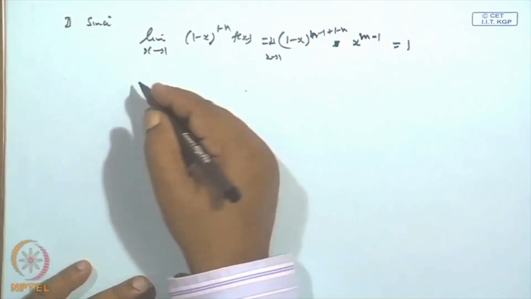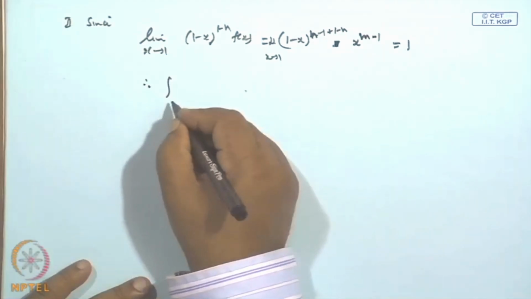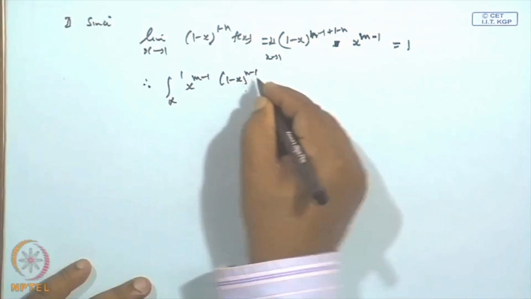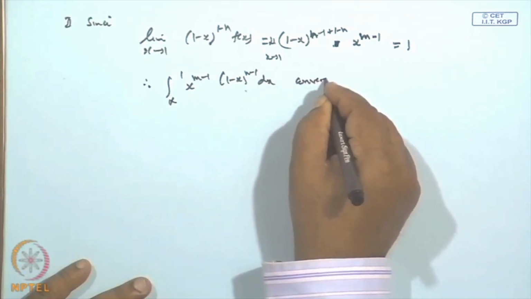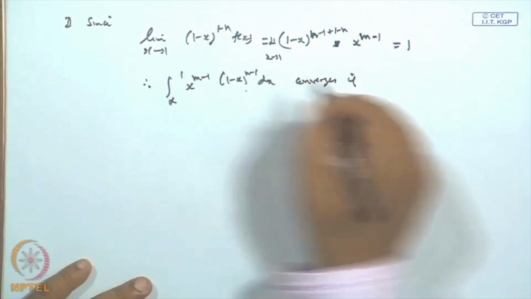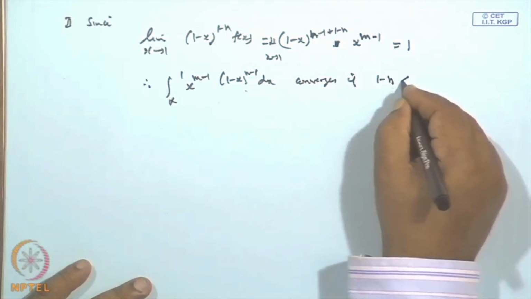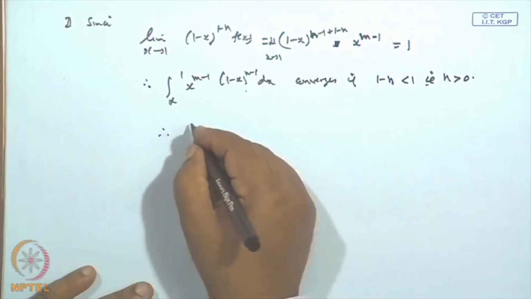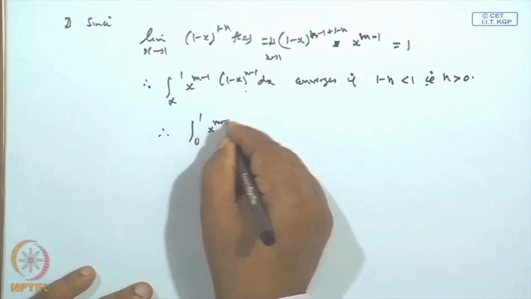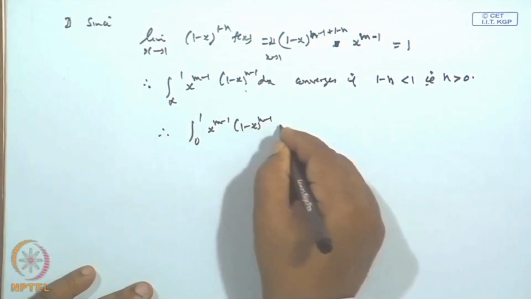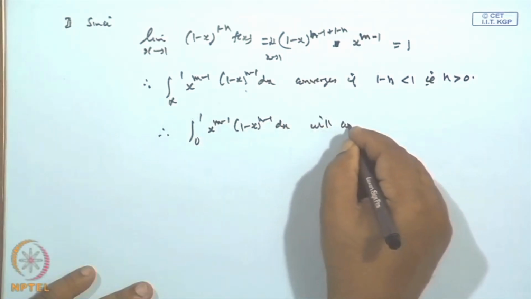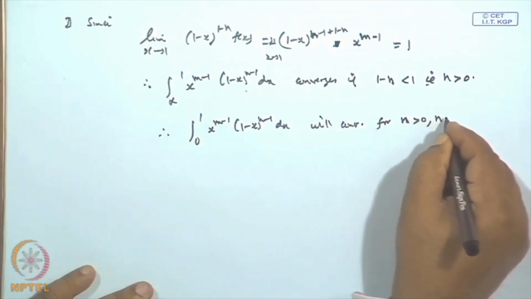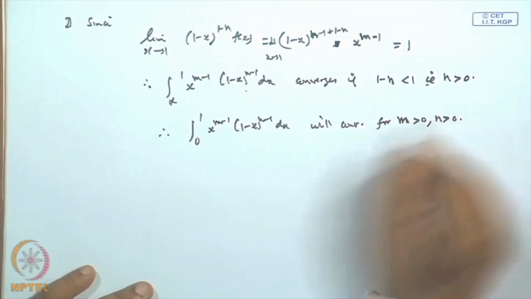Therefore the second part, alpha to 1 of x to the power m minus 1 (1 minus x)^(n minus 1) dx, converges if 1 minus n is strictly less than 1, that is n is greater than 0. Therefore the whole integral 0 to 1 will converge for m greater than 0, n greater than 0.